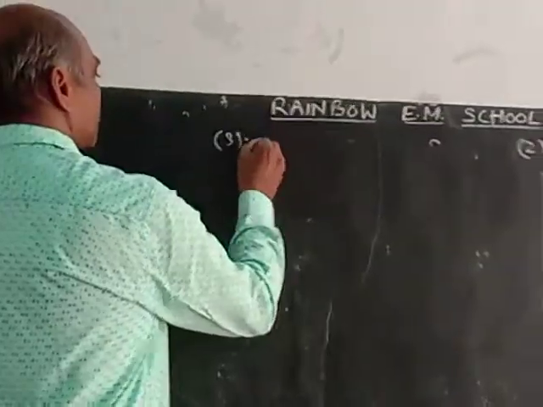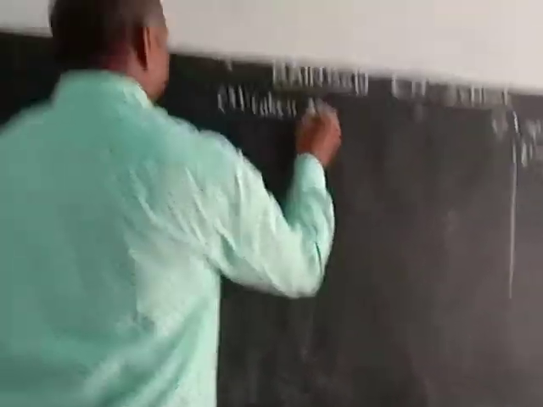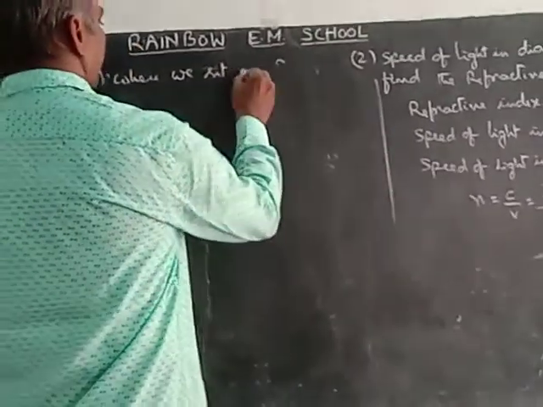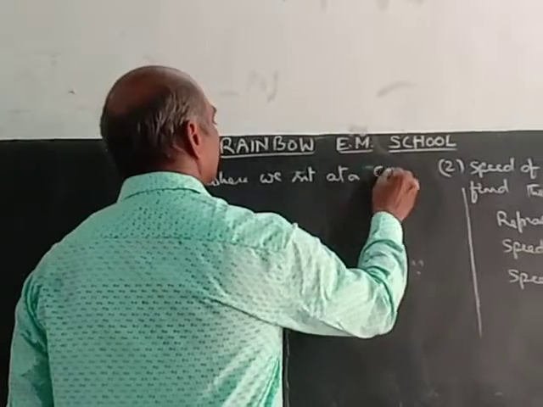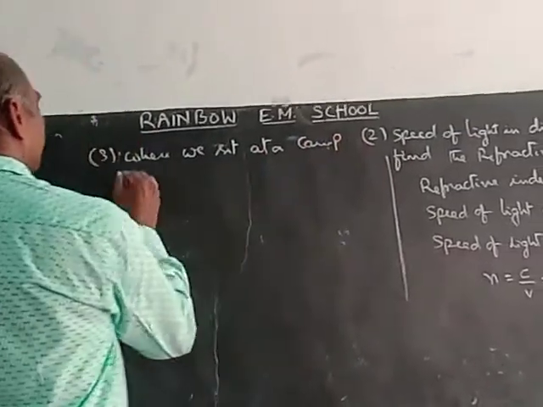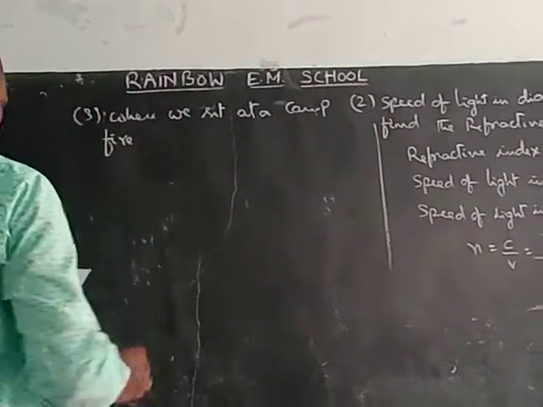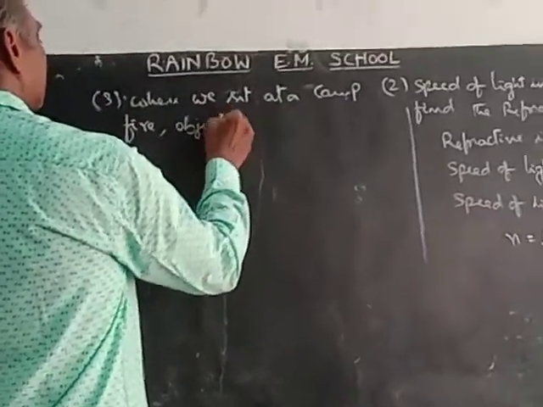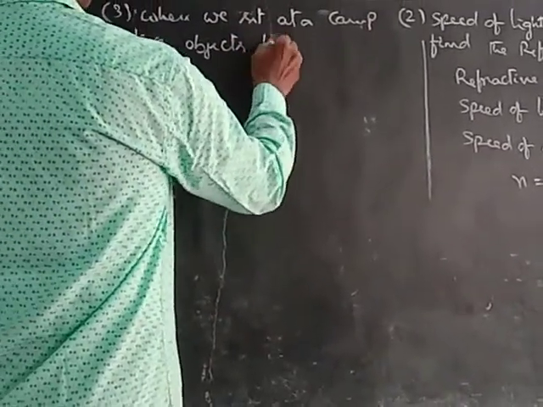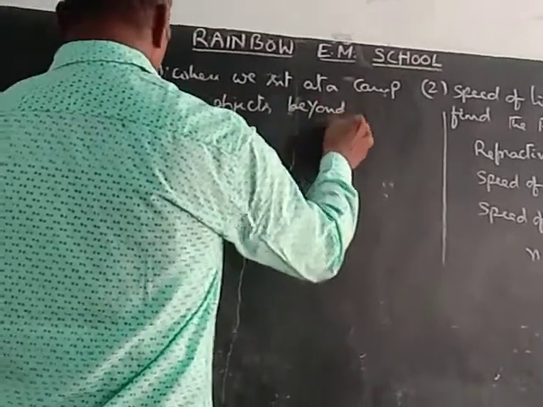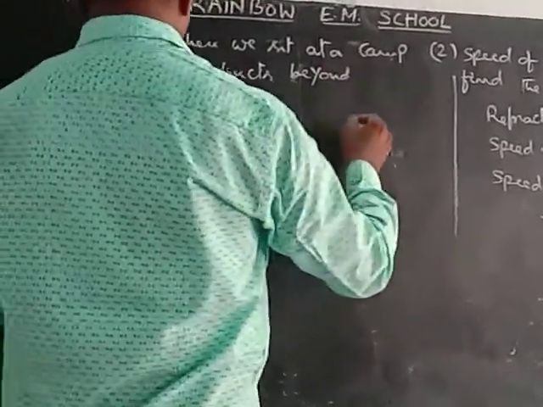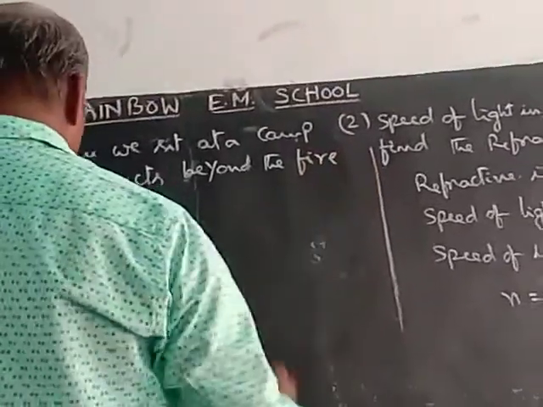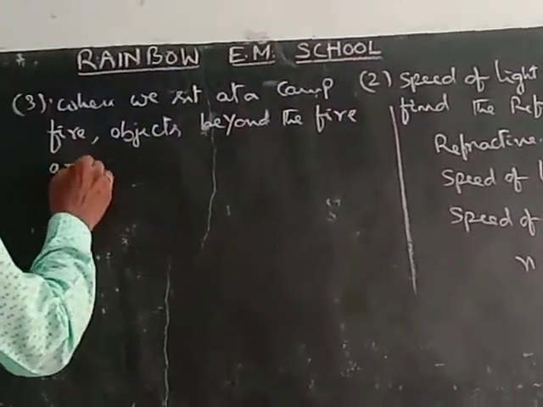Third one. When we sit at a campfire, objects beyond the fire are seen swaying.